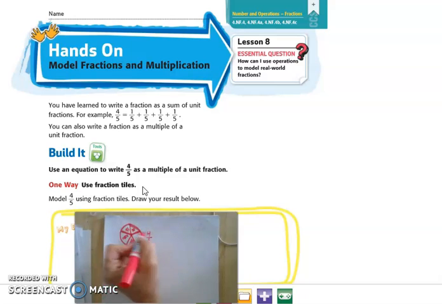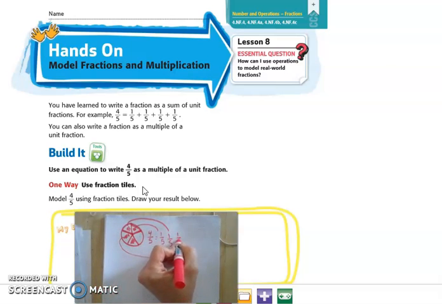And you can see that's 1/5, 1/5, 1/5, and 1/5. Which, as you'll see down below, can also be written 4/5 equals 4 times 1/5.